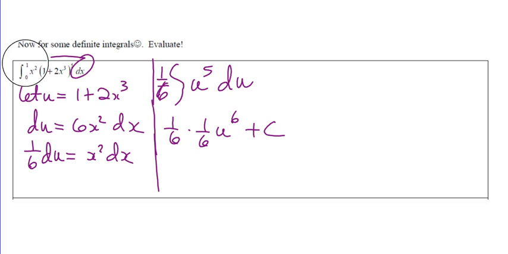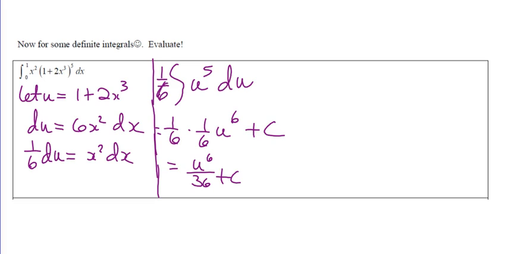Okay, now here's the thing that happens with this. We've got u to the 6th over 36 plus c. Now, we have a choice. You could do this the really easy way or the really hard way.